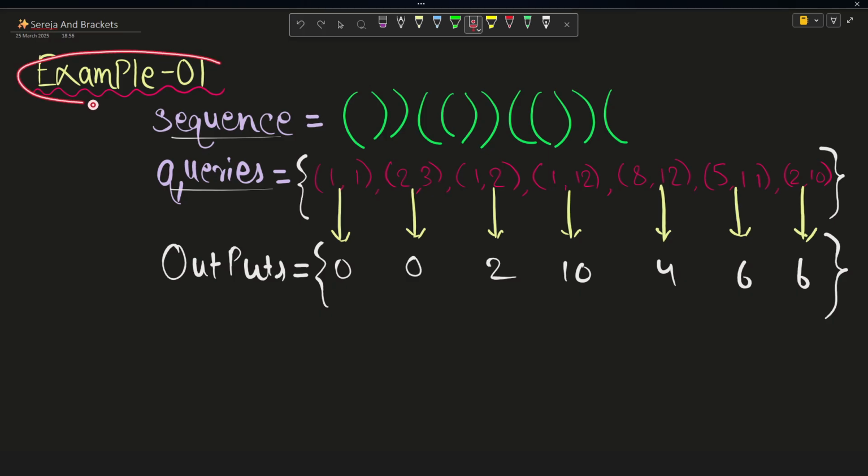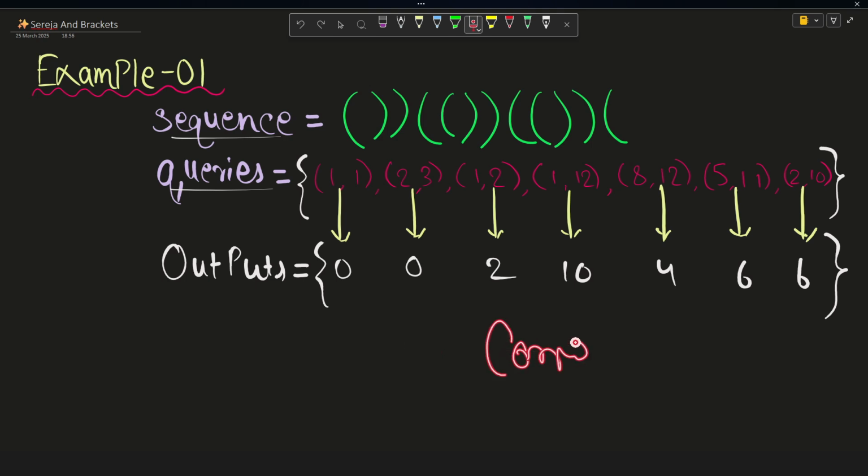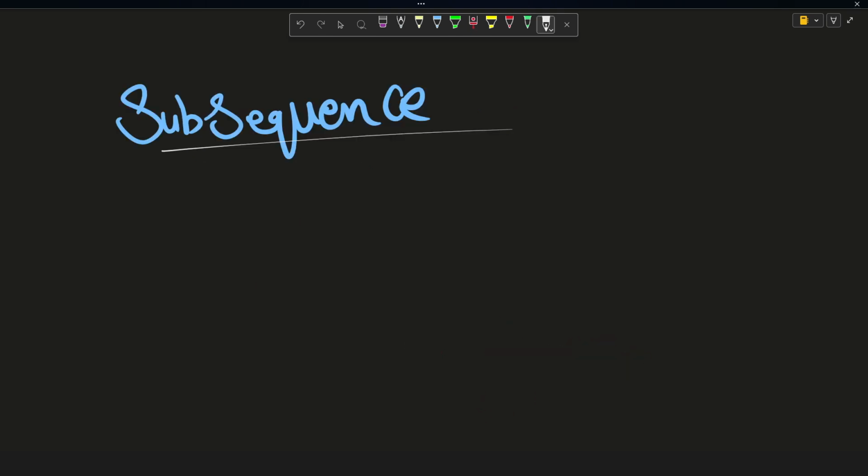This is the given example in the question, but before moving ahead, let us first understand the meaning of a subsequence and the meaning of a correct bracket sequence. How do we define a subsequence? Most of you must know this by now: a subsequence is a part of an array or a string such that we move in one direction from the starting index to the ending index. It does not need to be contiguous.